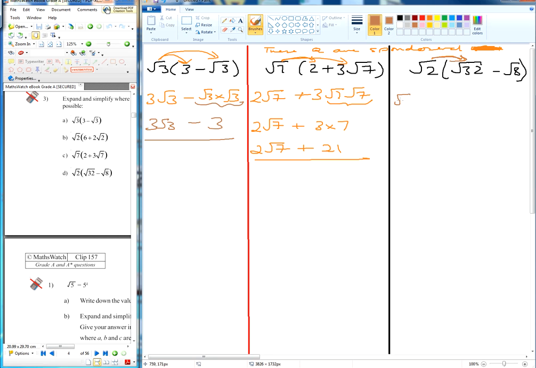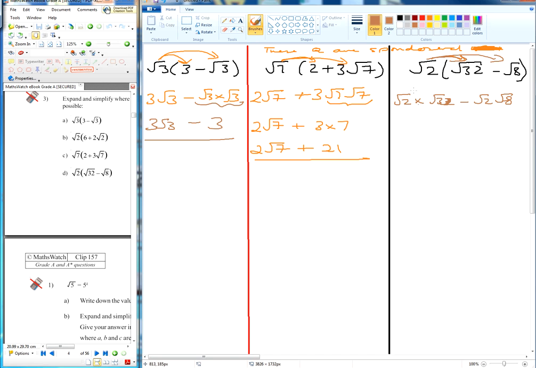So when you multiply this one out, root 2 times root 32 is root 2 times root 32, take away root 2 times root 8. Now, what factors are in 32? We've got 4 and 8, or we've got 2 and 16.